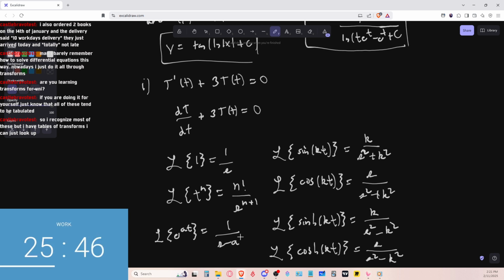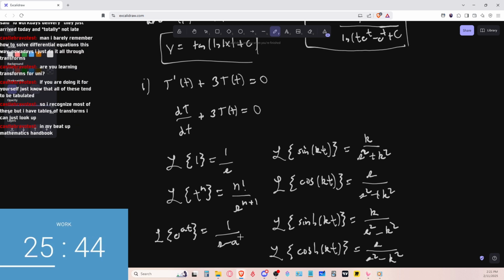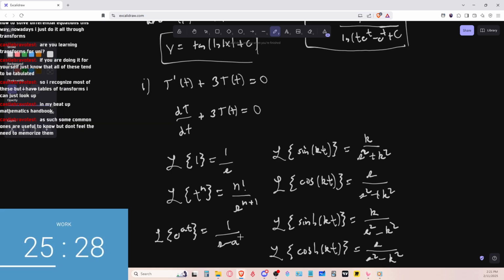These are like the basic ones. If you're doing it for yourself, just know that all of these tend to be tabulated. I recognize most of these, but I have a table of transforms I can just look up in a PDE math book. As such, some common ones are useful to know, but don't feel the need to memorize them.